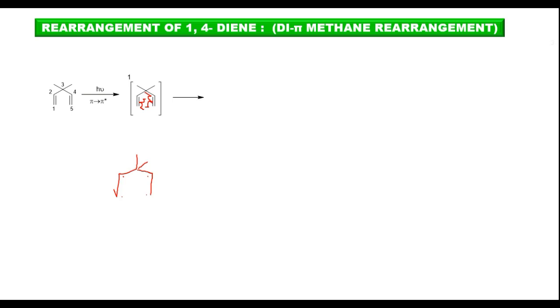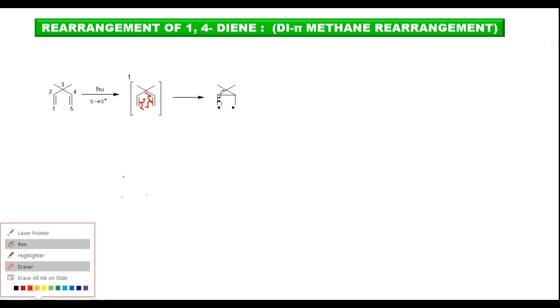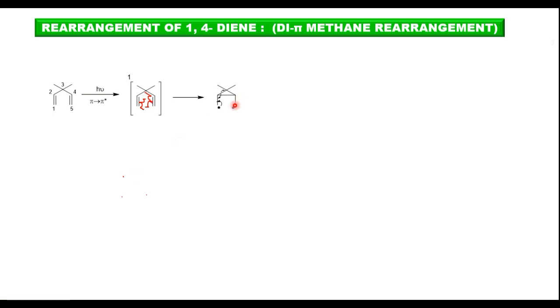Now the two formed radicals are going to make a bond, so we get this product. Is it clear, friends? Now the formed product has positions 1, 2, 3, 4. I am counting from here 1, 2, 3, 4 because here we have a bond. So this is called a 1,4-biradical intermediate.